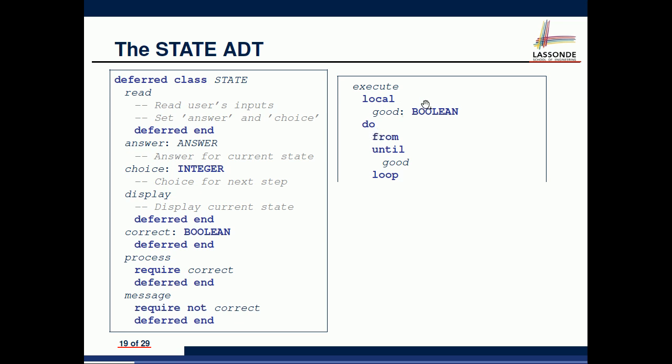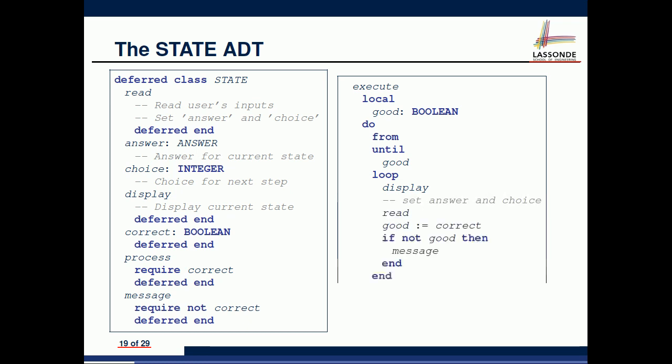For every state, you're going to say execute, and then, until the user has given good answers, until everything has been validated, we're going to first do display, followed by read, followed by validation, and then, if the validation has failed, we give them some error message. Does this feature make sense to you?